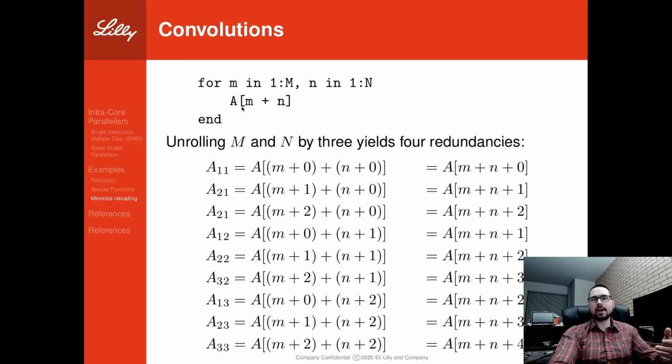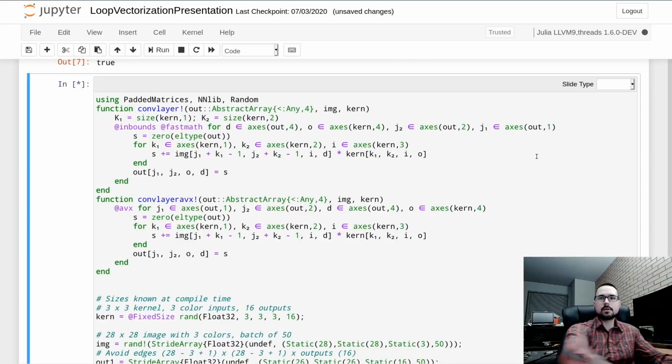That is, if you have a memory access that is being indexed with a sum or minus of two of the loops, and you then unroll both the M and N loops threefold, as in this example, you end up with a lot of redundancies. So by unrolling both of them, instead of having 9 total loads, 4 of them are redundant, and we're left with only 5 loads. So this, again, is able to give us a nice savings.